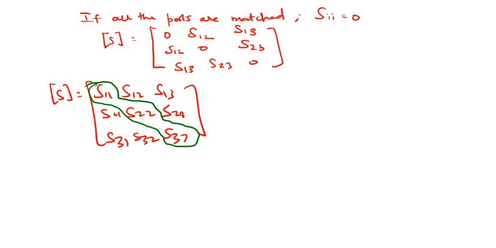Now S21 is replaced by S12 since it is reciprocal, S31 is replaced by S13, and S12, S13 and S23 stay the same. So in this way we have written here.